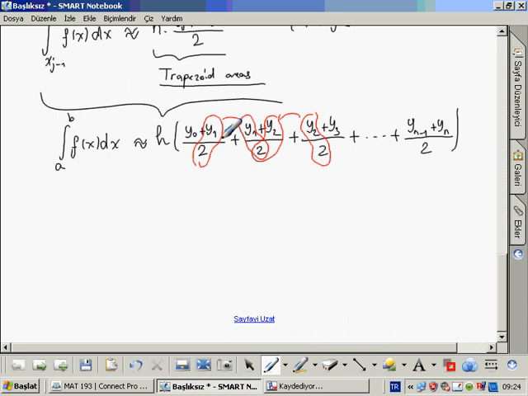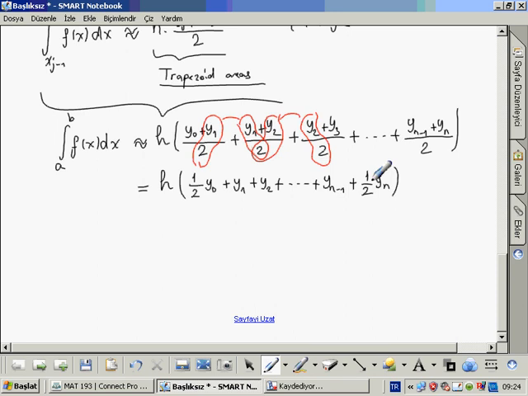So let's simplify the equation again, and it will be equal to h times 1/2 y0 plus y1 plus y2, it goes like that, plus yn minus 1 plus 1/2 yn.